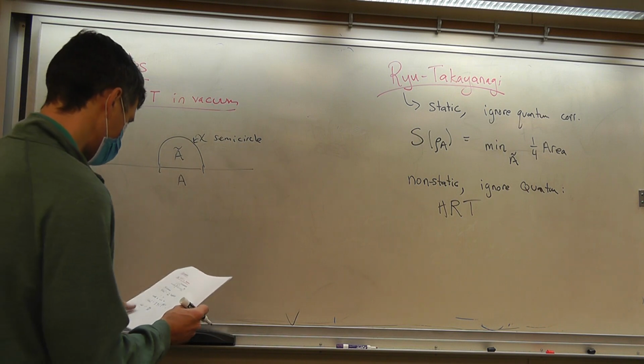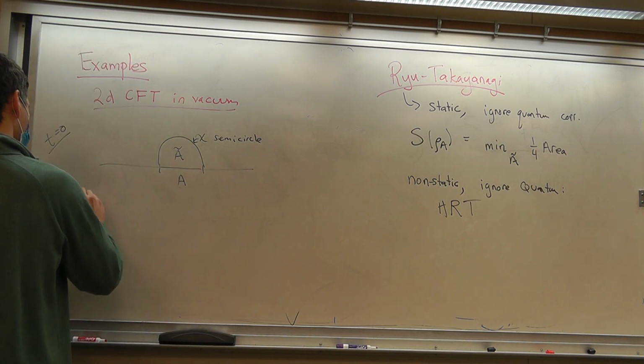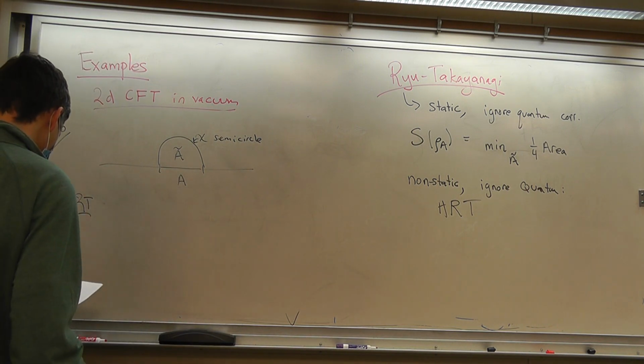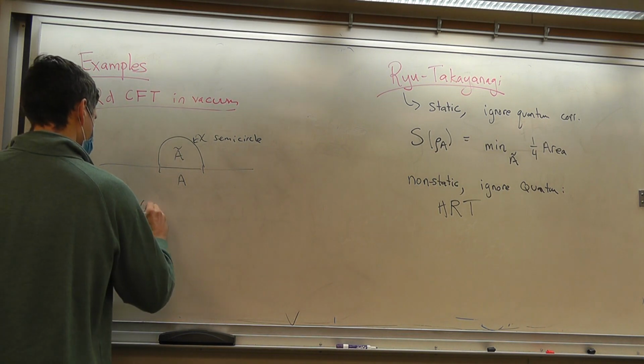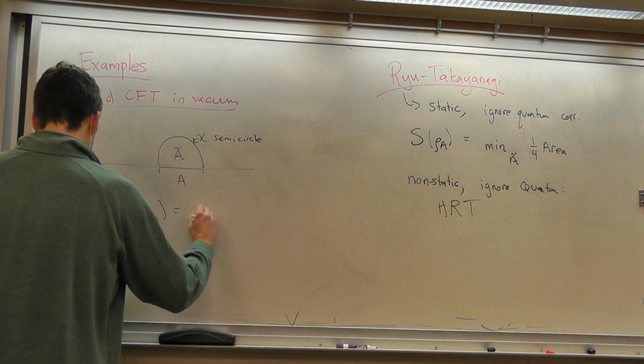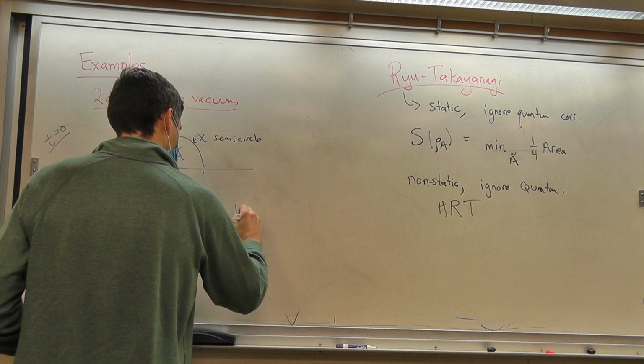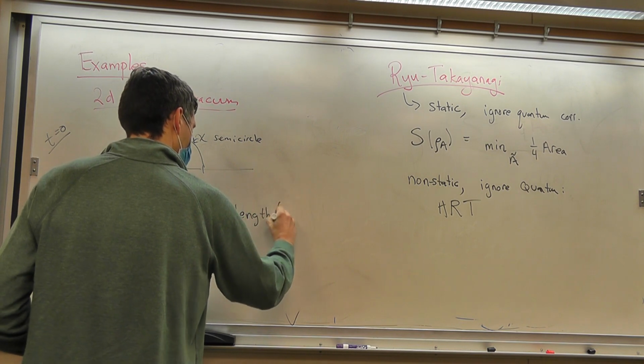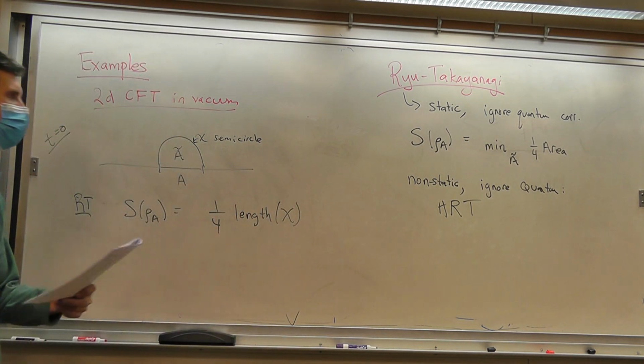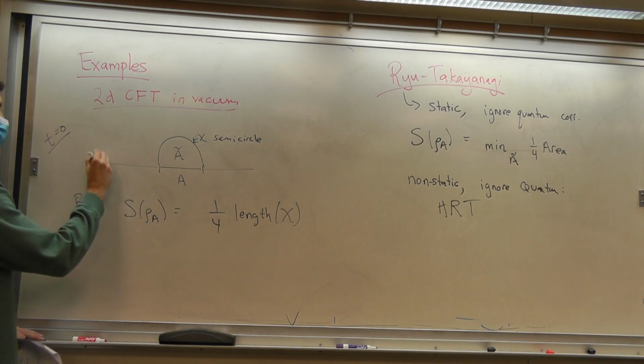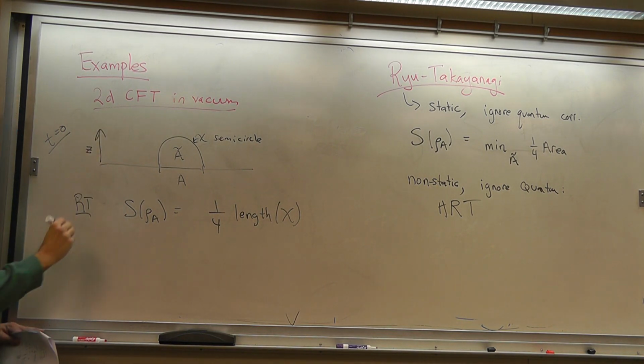Okay, so the Ryu-Takayanagi formula tells us that we should calculate the von Neumann entropy S of rho A as 1/4 of the length of chi. Sorry, I don't know if I said, this is the radial direction going into AdS, so this is a surface that's anchored on the boundary.